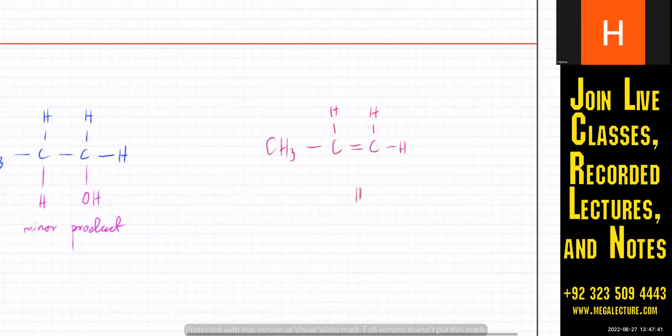H has a slight positive charge and Br has a slight negative charge. So what does the double bond do? The double bond is going to repel these electrons, right? Eventually the HBr will turn into H+ and Br-, and the Br- gets knocked out. Is that clear?